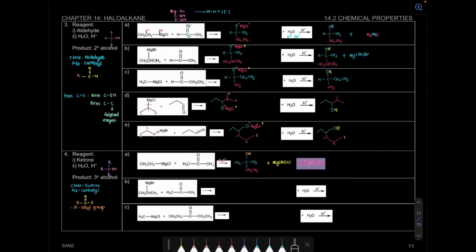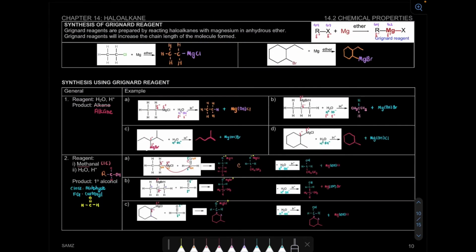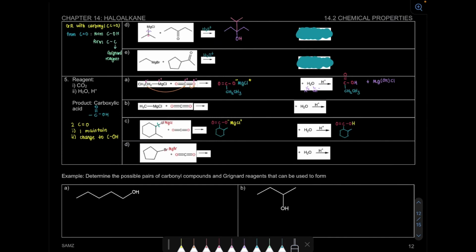For the examples from page 10 until page 12, we have our Grignard reagent and our carbonyl or our carboxylic acid, so we have to determine the structure of the alcohol or carboxylic acid. But this time around, for a given alcohol, we should know what our reactant is.